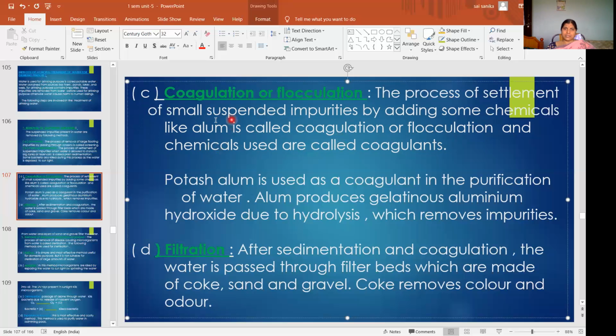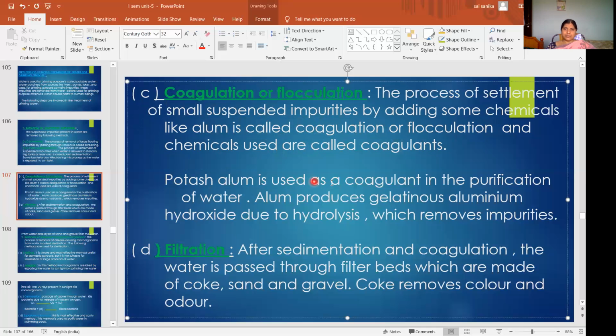So whatever chemicals we are using, these are called coagulants. Here alum is the coagulant. When you add this alum to the water, small suspended impurities will be coagulated. Like that, we will remove the small suspended impurities.